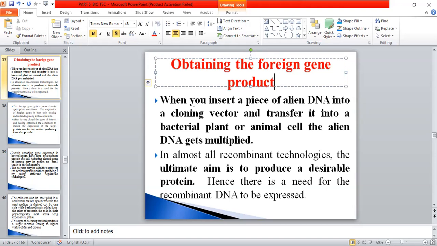it artificially. At that time what we have to do is select the genes that are responsible for the production of antibodies or immunoglobulins.